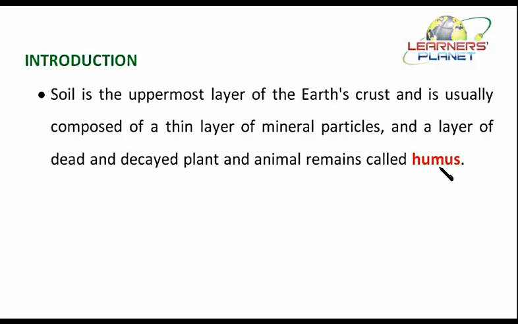We will also see its composition later on. But do remember that it is composed of a thin layer of mineral particles and a layer of dead and decaying plant and animal remains, which is termed humus.